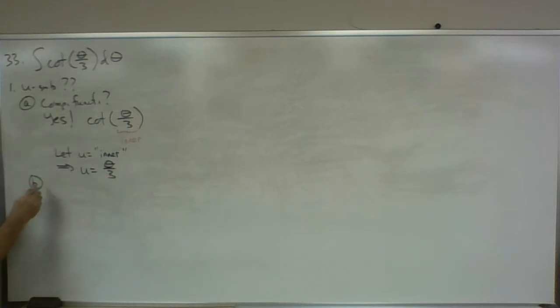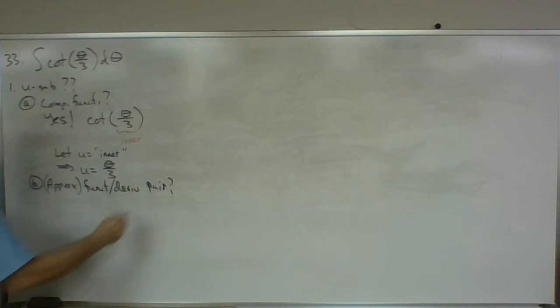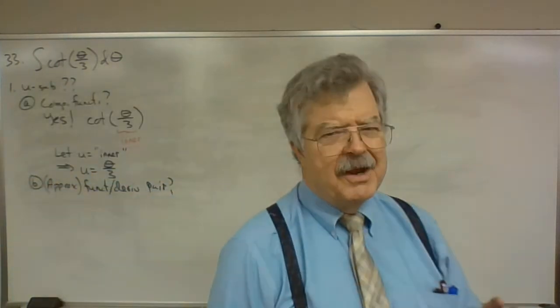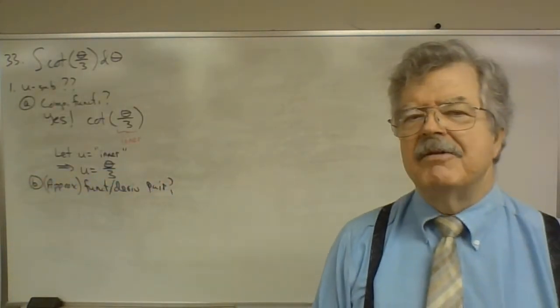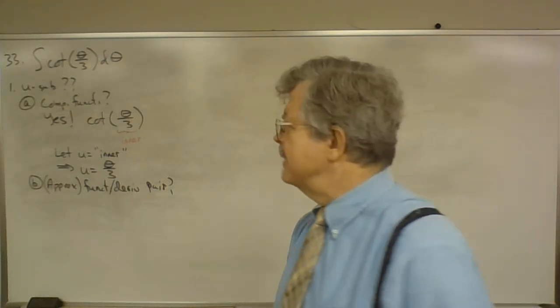Now the next criterion: do we have an approximate or an exact function derivative pair? And the answer is yes, believe it or not. We don't see it there, but we learned something from one of our previous exercises. I think it was the last one.